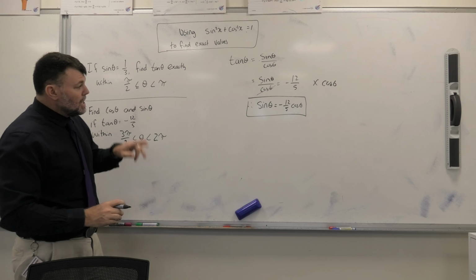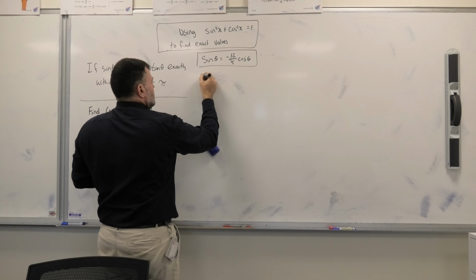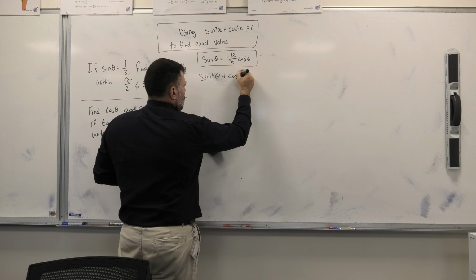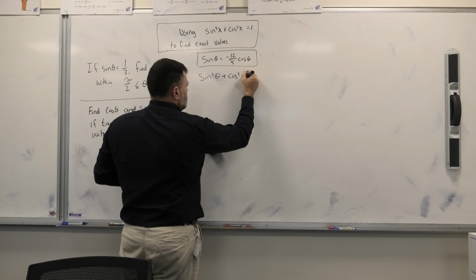So let's take this part out, rewrite this up here again. So sine theta is equal to negative 12 on 5 cos theta. Well, just like in the previous one, we now can use this formula. So we can say that sine squared theta plus cos squared theta is equal to 1.